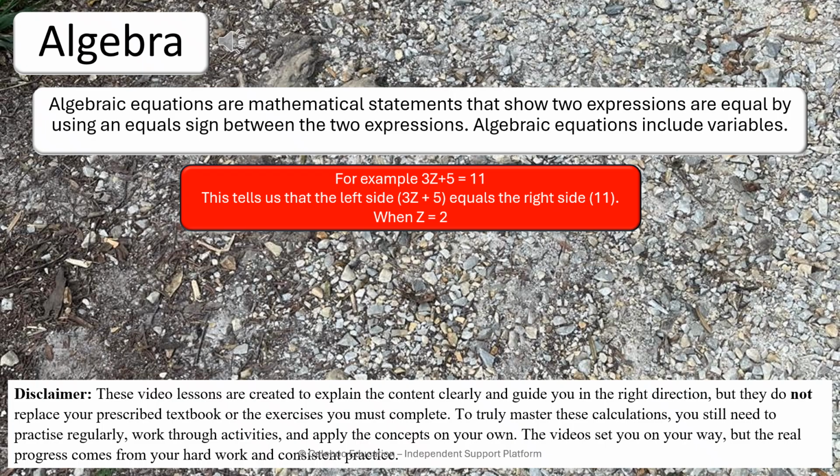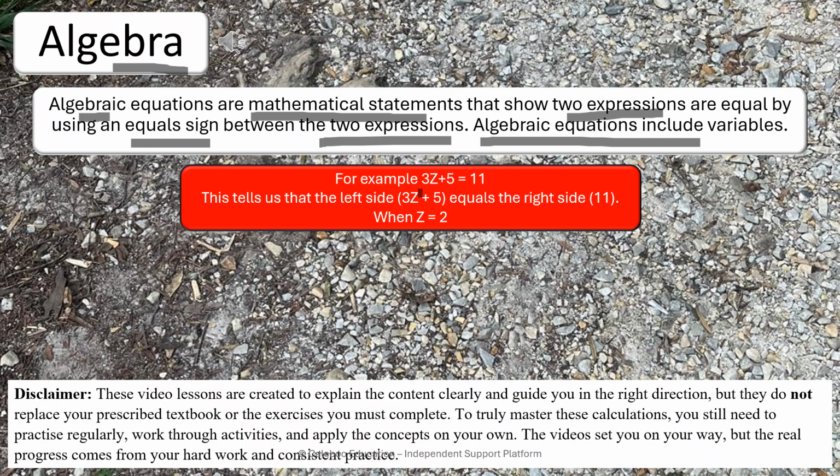So let's start here. We've got Algebra in Learning Unit 1. Algebraic equations are mathematical statements that show two expressions are equal by using the equal sign between the two expressions. Algebraic equations include variables. Here are examples.